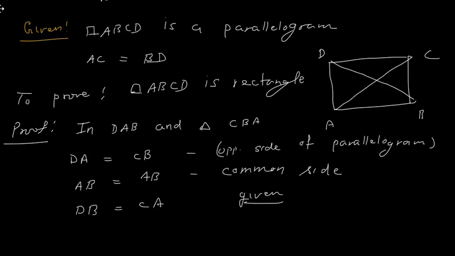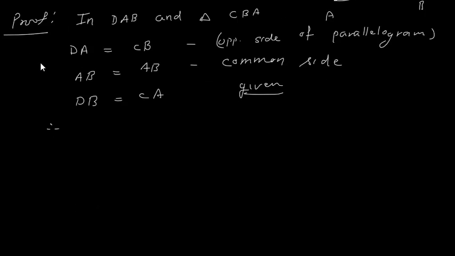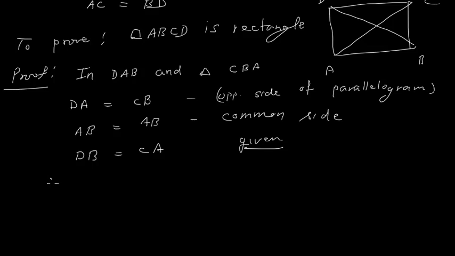So therefore triangle DAB is congruent to triangle CBA. This is the side test of congruency. Triangle DAB and triangle CBA are both congruent triangles.